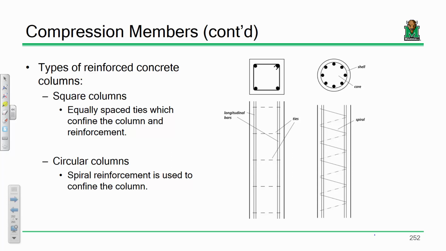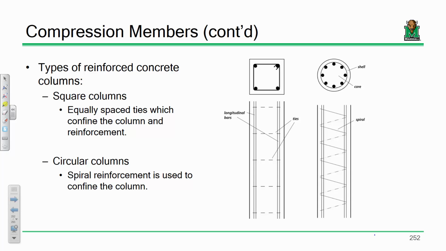Whereas for a square column, we have bars going up and down the length of the column, and we just tie them, sort of like these loops that go around like this. For square columns, the transverse reinforcement is much more akin to a stirrup in a beam, as opposed to a circular column where we use this spiral reinforcement going down the length of the column. Does that make sense? Okay.